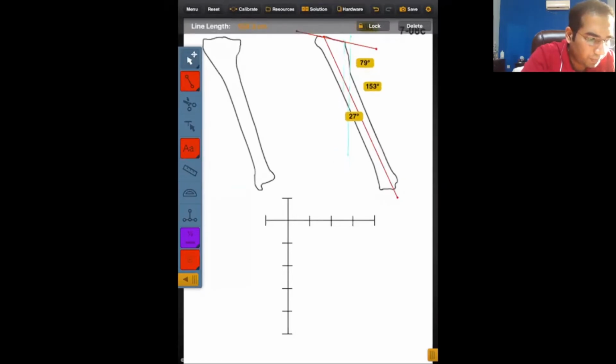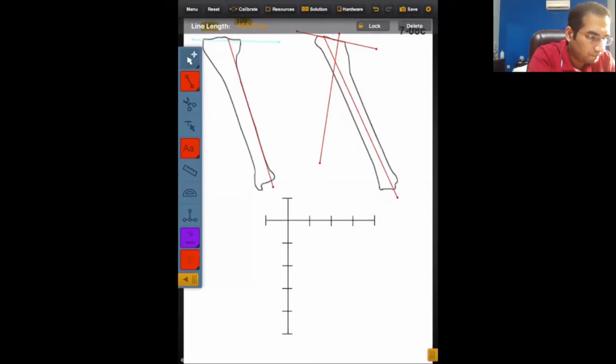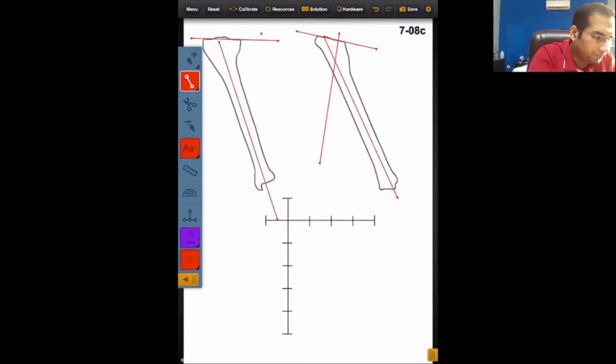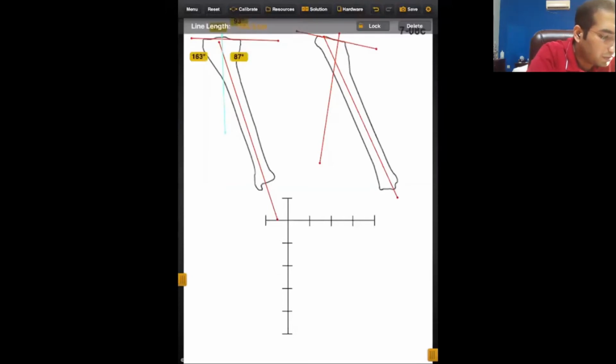So in this scenario, as you can see now, the 35 degrees magnitude of recurvatum is there, and the magnitude of deformity over here is 17 degrees.